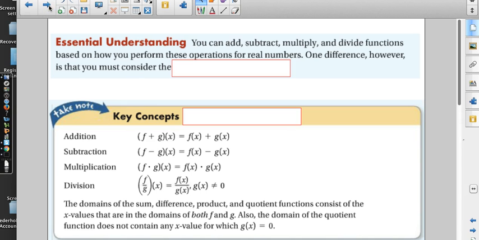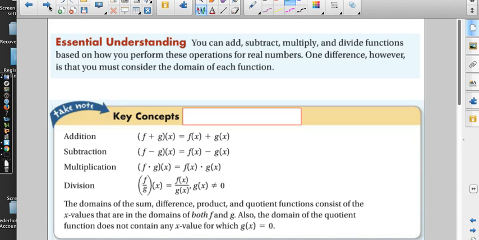So on this page it says our essential understanding is we can perform those operations, add, subtract, multiply, and divide functions, based on how you perform these operations for real numbers. One difference: we have to consider what we're putting in the functions. What are we putting in? Now, why do we have to consider that?